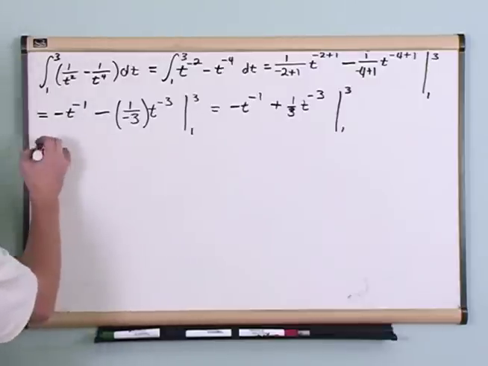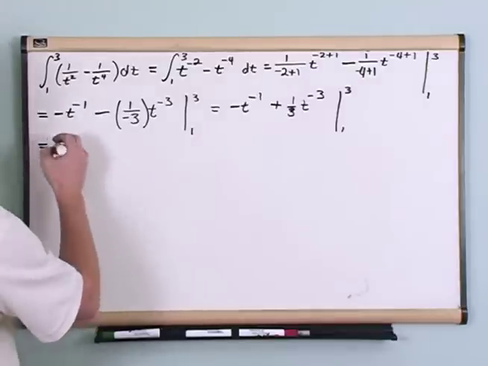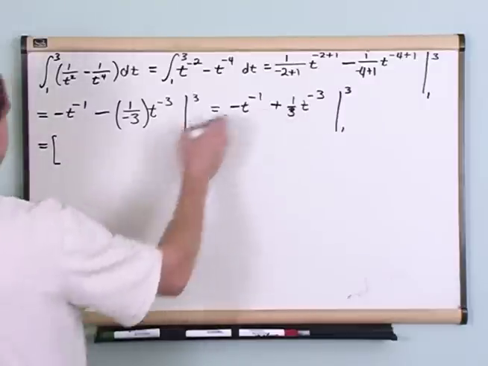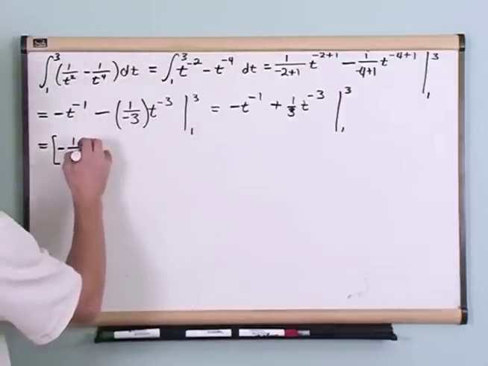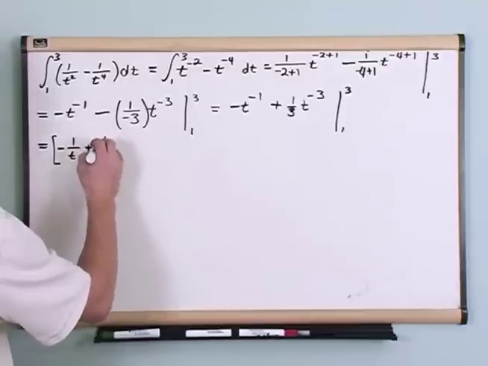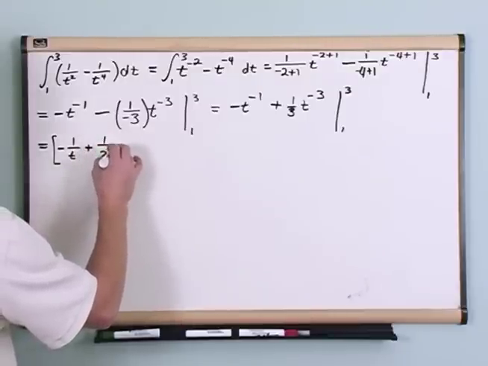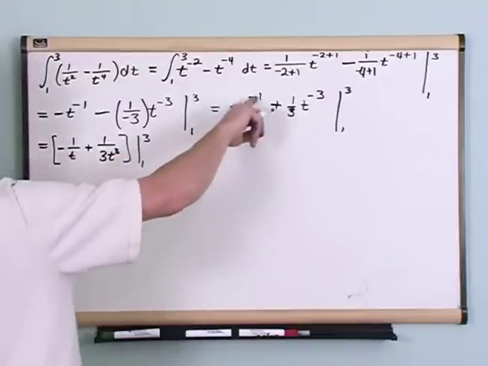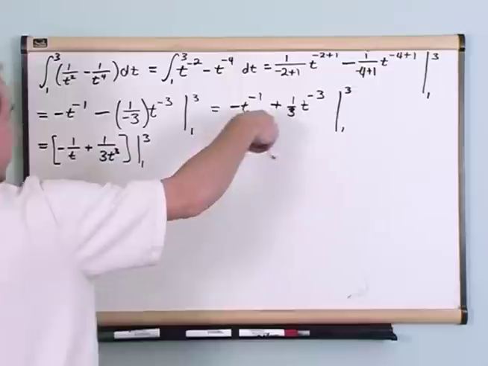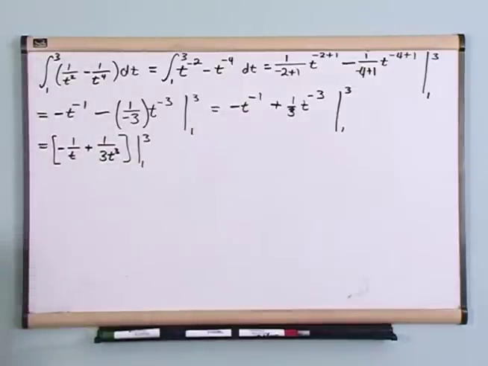In order to do that, sometimes it's easier when you're trying to get your final answer to go ahead and flip this back to fractional form. So this is negative 1 over t plus 1 over 3t cubed, evaluated from 1 to 3. And all I did was move the t down in the denominator here and the t cubed down in the denominator there. I didn't do really anything more than that.